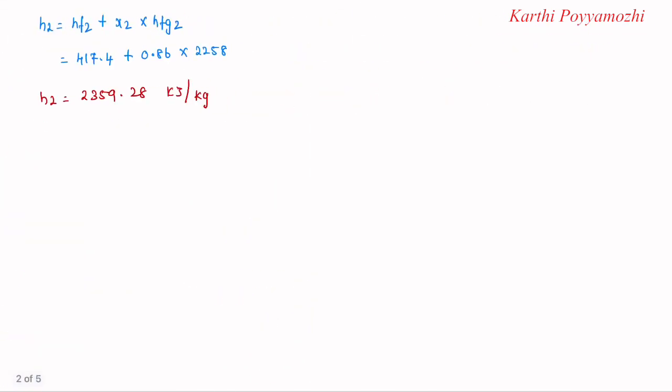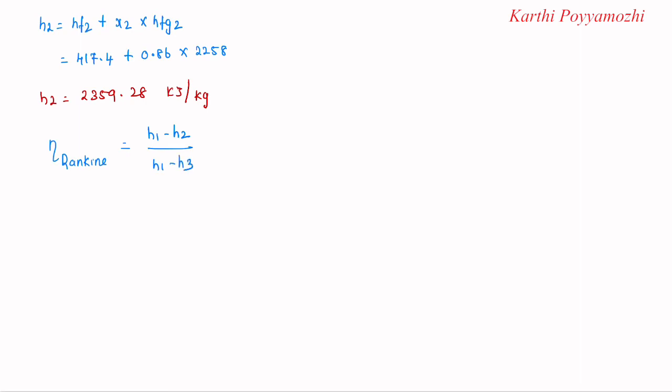Okay. Now we have all the values to find the efficiency of the Rankine cycle. The efficiency of the Rankine cycle is given as H1 minus H2 divided by H1 minus H3.